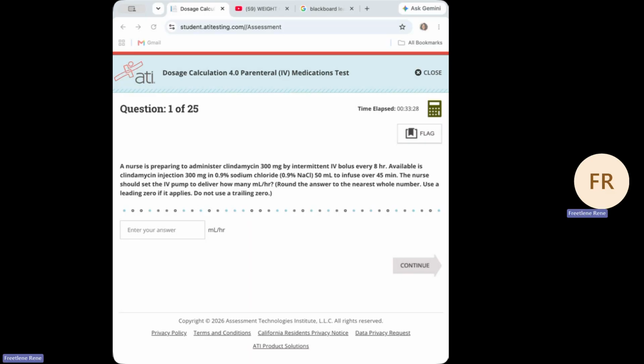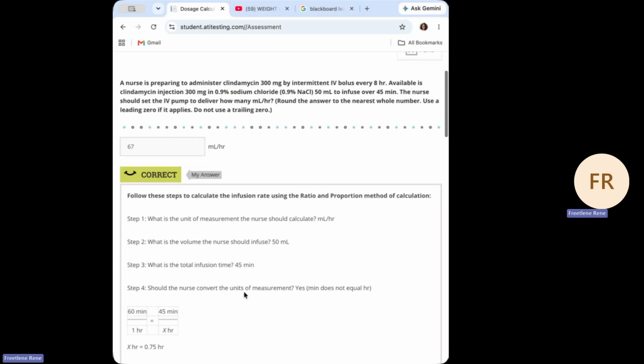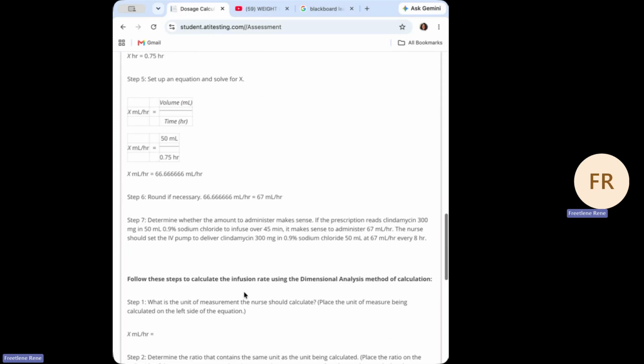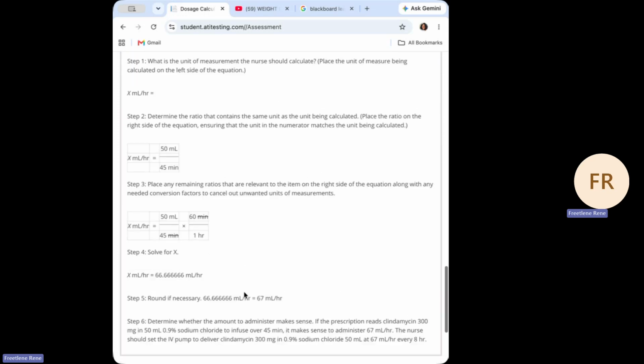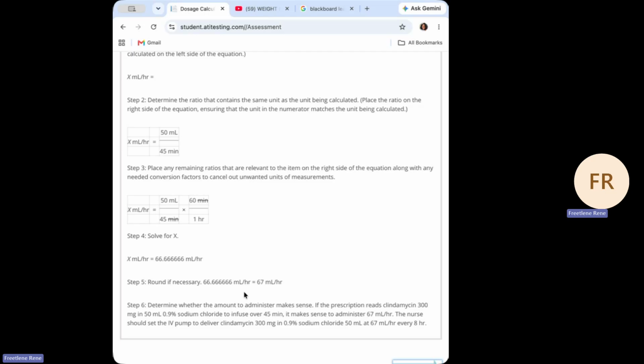All right. So if your answer was 67, you are correct, because remember we were rounding to the whole number. So how did you get 67? Our question asked us, we're administering 50 ml over 45 minutes.